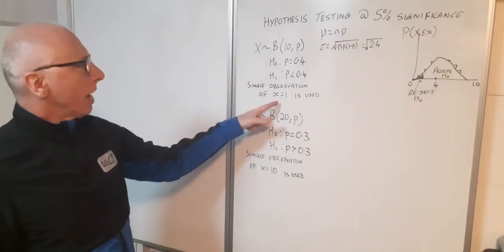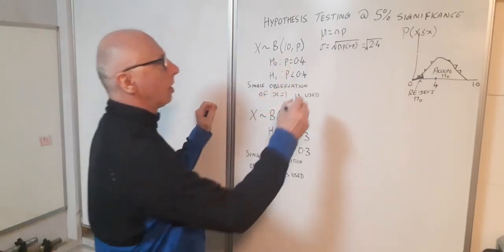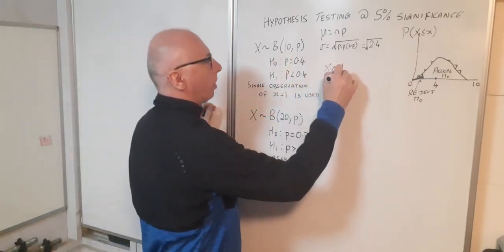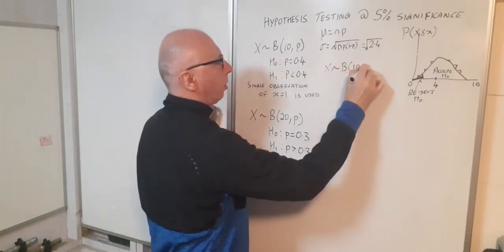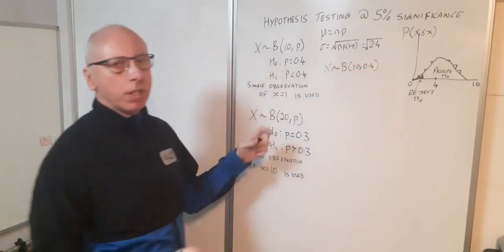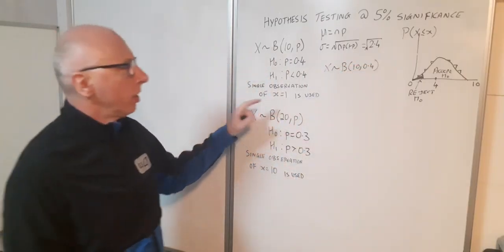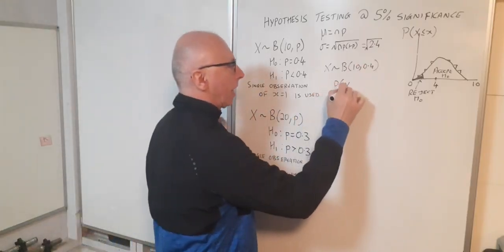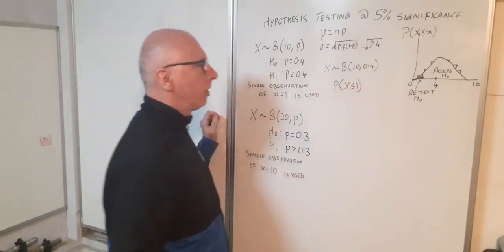So what we need to do now, we've got our distribution. X is distributed binomially (10, 0.4), and we want to test it using 1. So we want the probability X is less than or equal to 1.